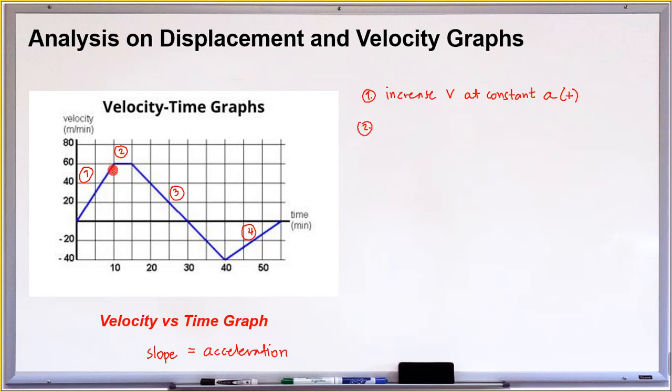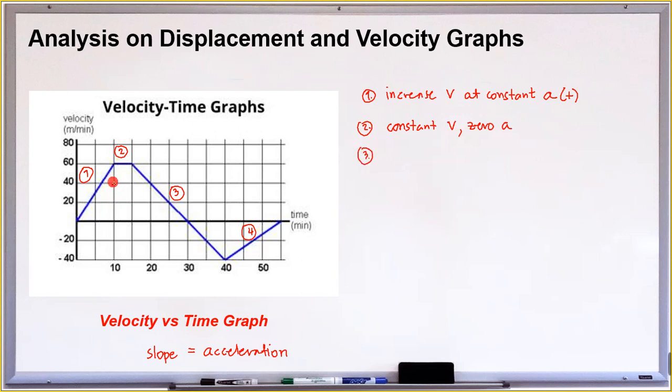Number 2: the velocity is constant, meaning it travels at a constant rate. Constant velocity, zero acceleration.